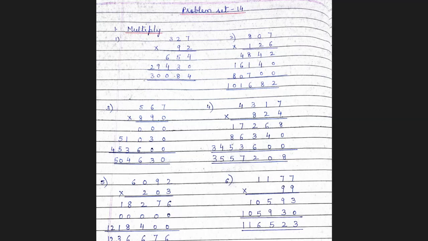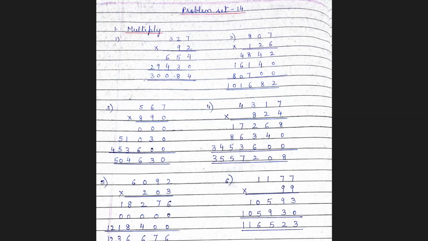Next come to the next number 2. 2 into 7, 14. So below 2 in the second step, I'll write 4 carry over 1 goes on top of 0. 2 into 0, 0 plus 1, 1. So 1 is written beside 4 to the left hand side. 2 into 8, 16. So I write 16.